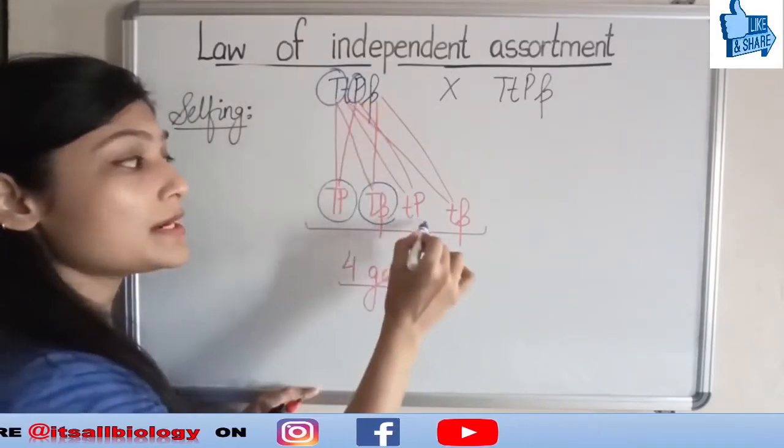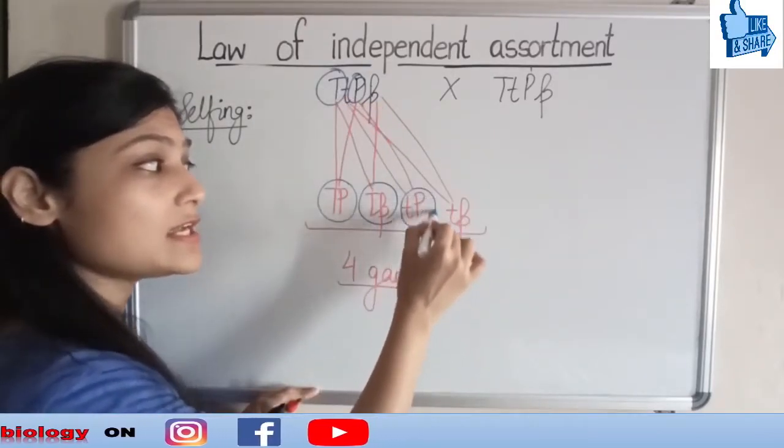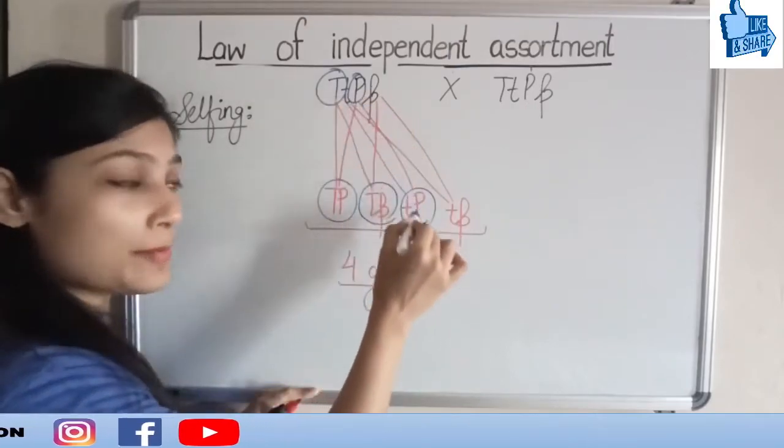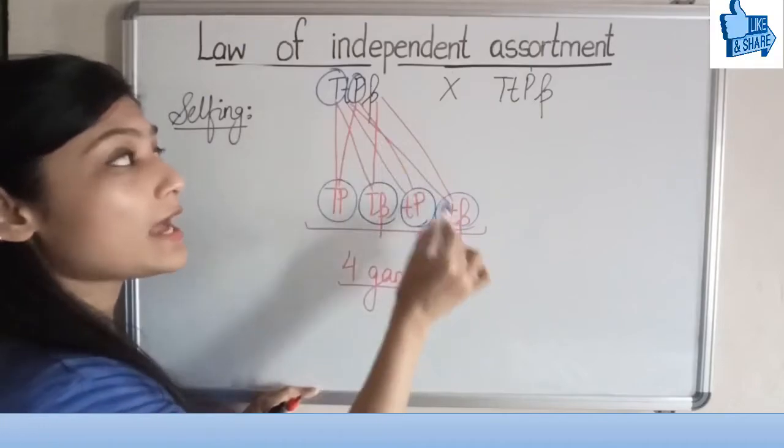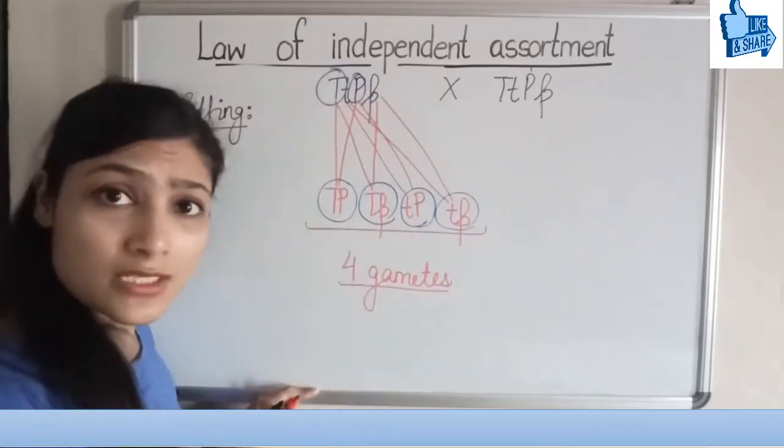Again, the recessive allele can go with the dominant allele, and here also the recessive allele can go with the recessive allele.